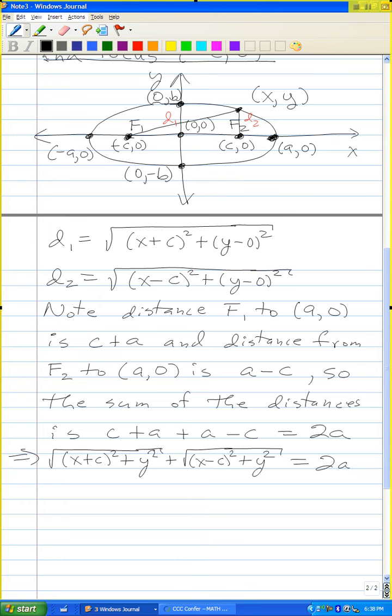Okay, so let me try to solve this. This is a radical equation.